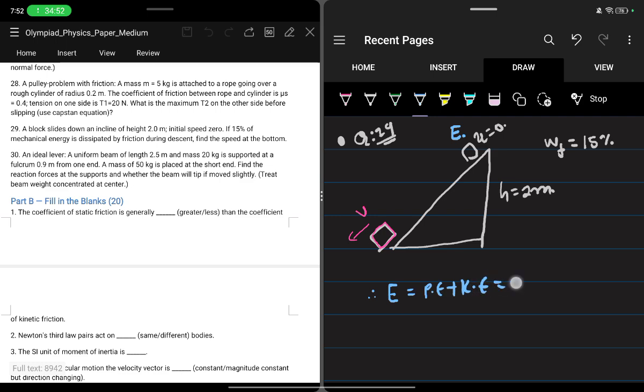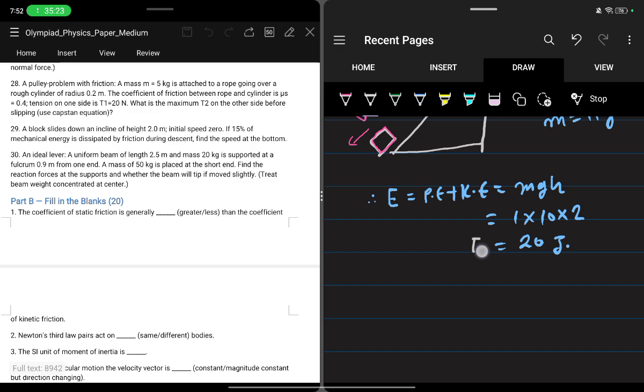So it has only potential energy, that is mgh. Here the mass of the block is not given, so we will assume that the mass is 1 kg. 1 into 10 into height 2. So it is 20 joules, right? So 15% of this energy is dissipated.